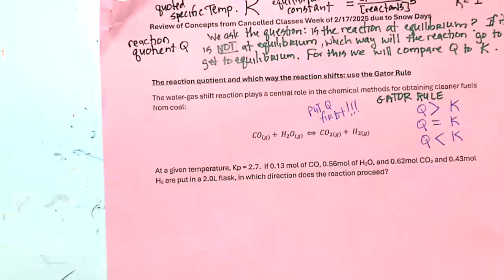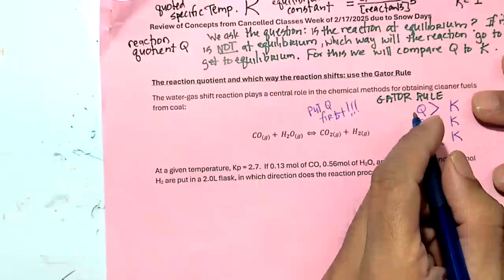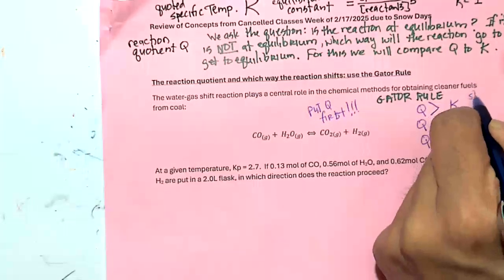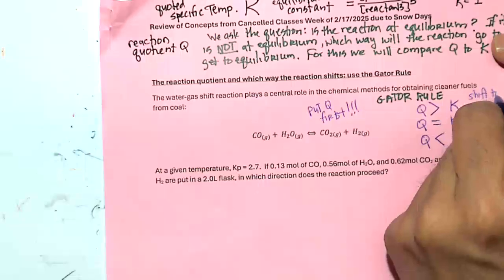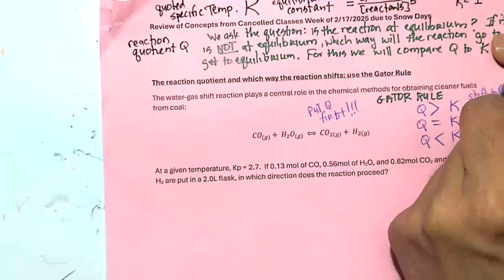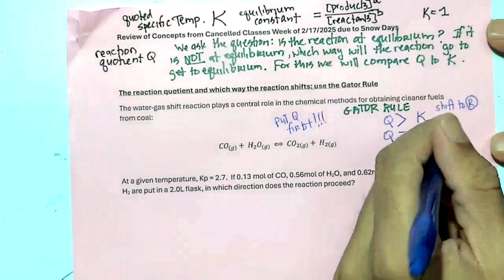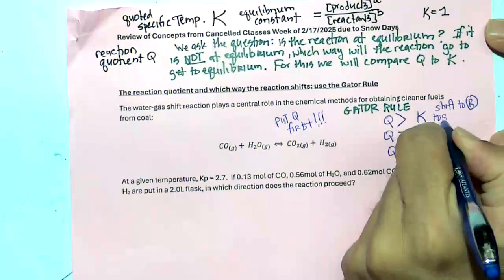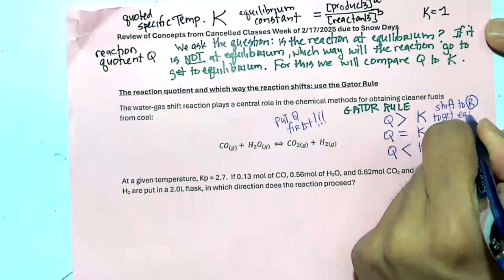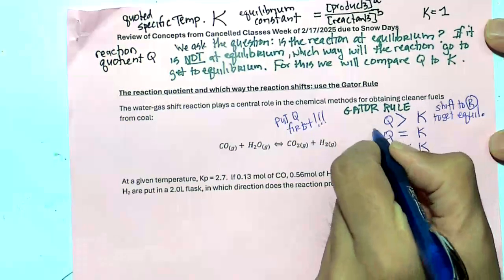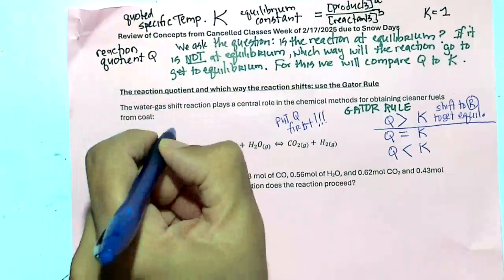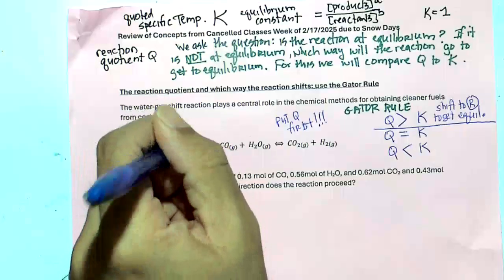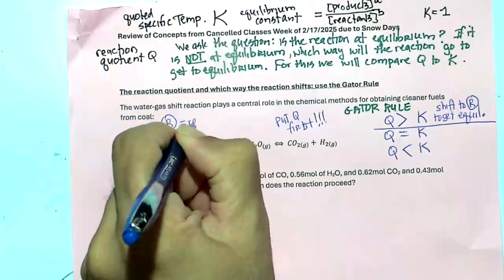Left, or the reactant side. The reaction is not at equilibrium, so it's going to shift to the reactant side, or the left, to get to equilibrium. Here R is reactants, or the left-hand side.